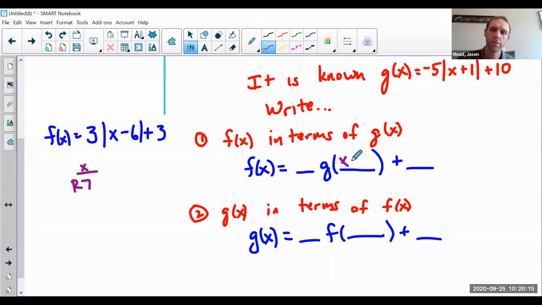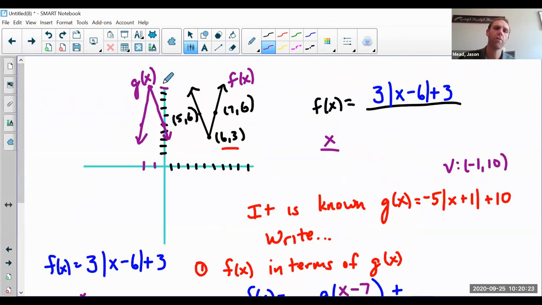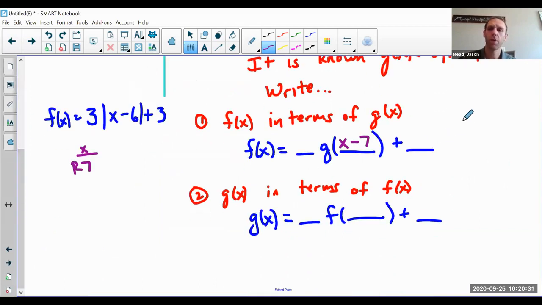So that means this is going to be x minus 7, because in order to move from g to f, I move the x values right 7. And that's most prominently displayed in the vertex, because the x value was -1 and it has to become 6.